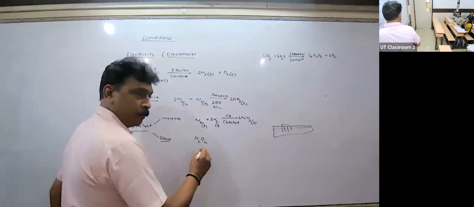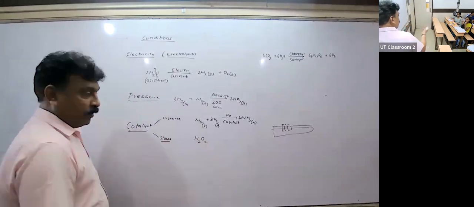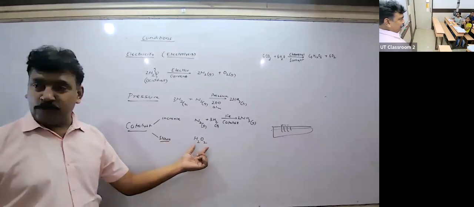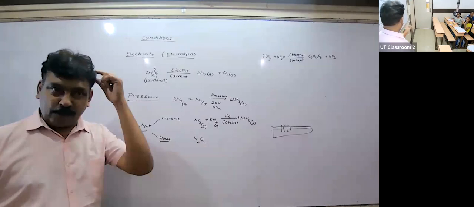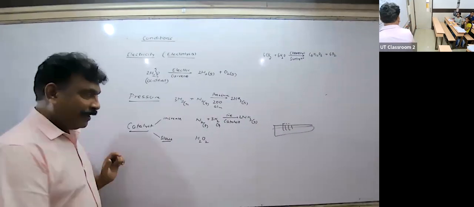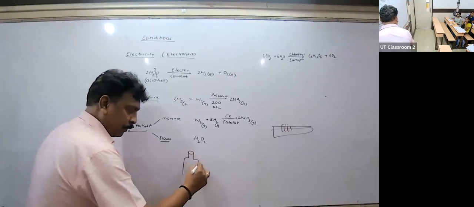H2O2 is hydrogen peroxide, a bleaching agent, which normally you'll find in the saloon and beauty parlor. People use H2O2 as a bleaching material for hair. Now, this H2O2 which is kept in the bottle has a tendency, suppose this is a bottle in which you have H2O2.